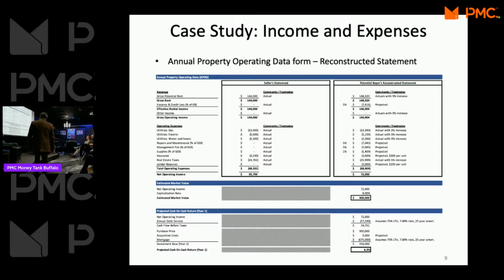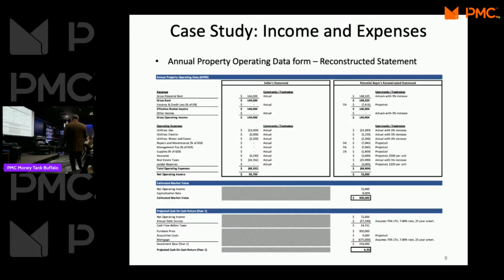Thank you. From there, we do what we call a reconstructed statement, a buyer's reconstructed statement. So what I'm trying to develop here is our first 12 months of ownership, a 1-year financial snapshot. So let's assume that we're looking to make an acquisition of this 12-unit building. It's November. Typically it takes us, in the Northeast here, 60 days to close.